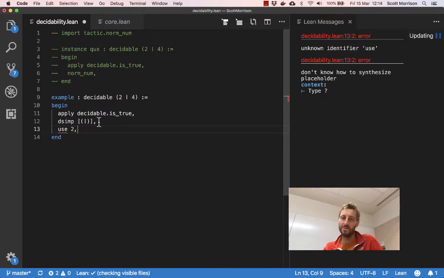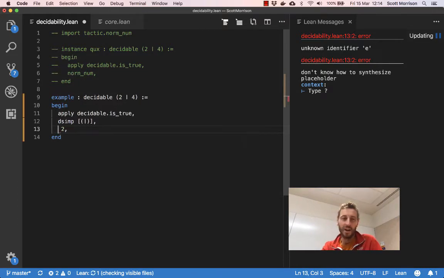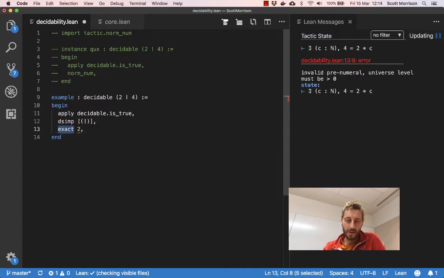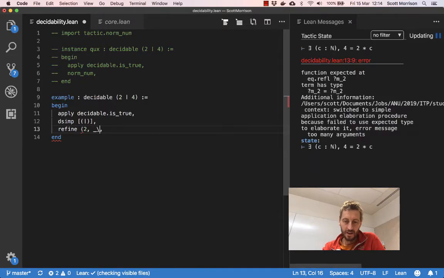Unknown identifier use. And that's in mathlib. Exact. Well, exact actually won't quite work either, because exact would be saying that we'd actually be providing both the c and the proof of that property of c. We could, I guess, use refine.